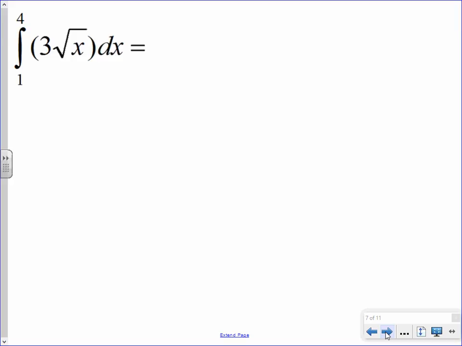First, let's focus on the antiderivative. Alex, what's the antiderivative? You can talk through it if you need to. Well, the power goes to 3 halves. Okay, so the power would go to 3 halves, which means we have to multiply by what?